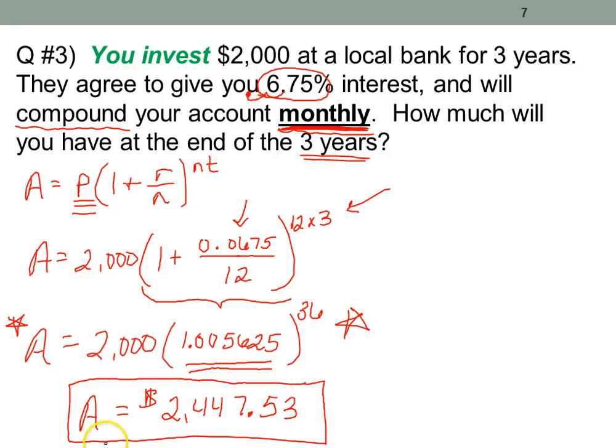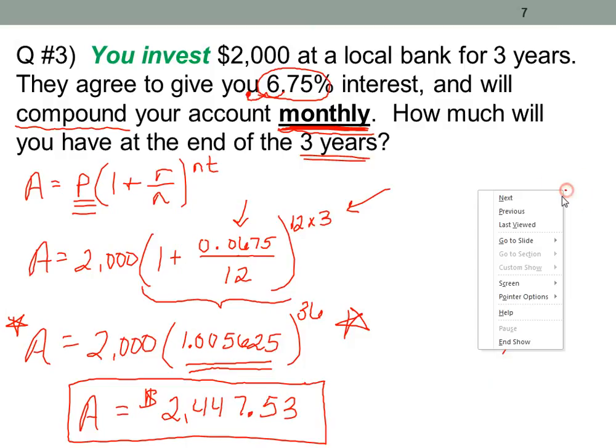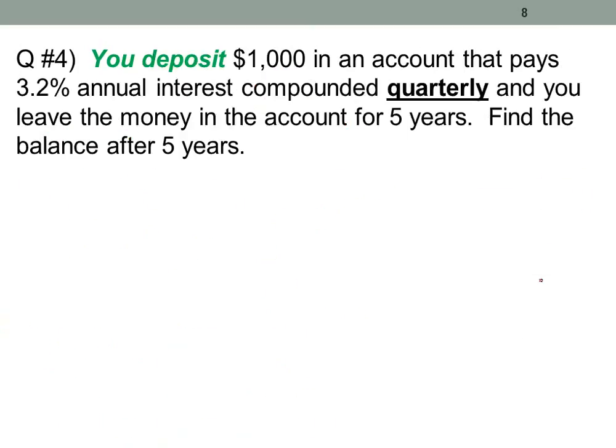Okay, let's look at another one. You deposit $1,000 in an account that pays 3.2% annual interest compounded quarterly, and you leave the money in the account for 5 years. Find the balance after those 5 years. Okay, so again, we have the same equation. I'm putting in $1,000.